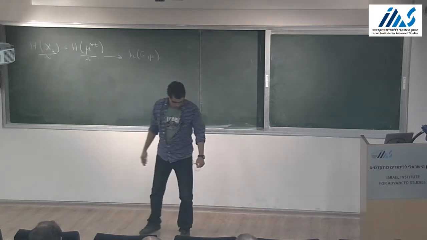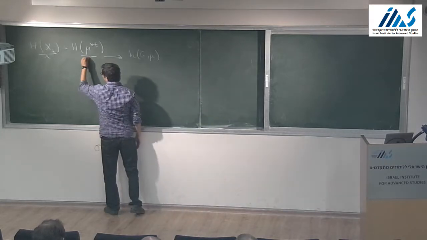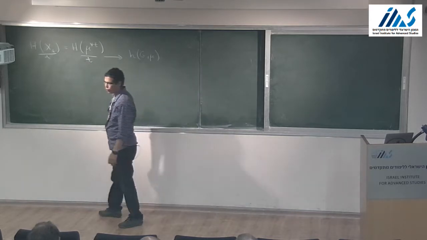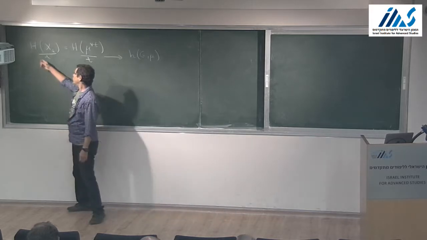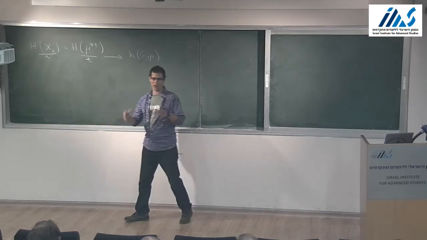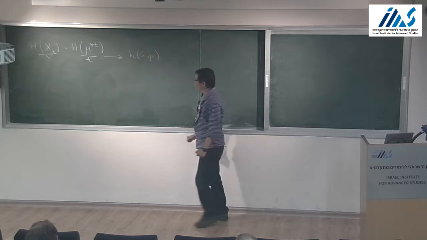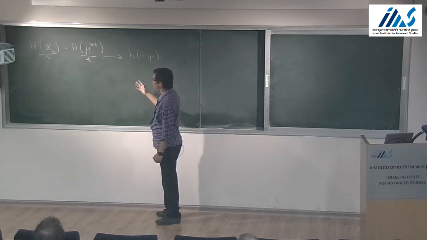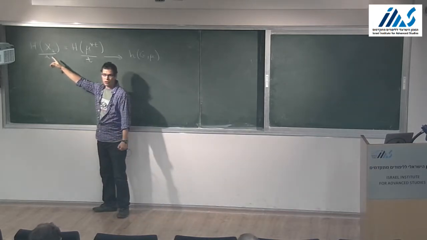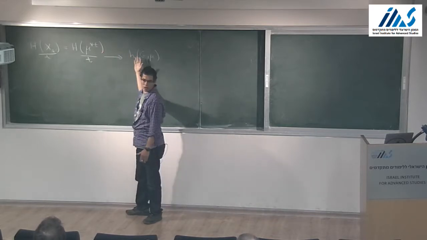Well, you can ask yourselves, does this limit even exist? Why can I take this limit? The answer is yes. This is actually not a difficult exercise. This sequence is subadditive, so you use, in the Hebrew University, Fekete's lemma to prove that this limit exists. But to prove that this limit exists, we used some property of this sequence, which is true for Cayley graphs, for these kinds of objects.